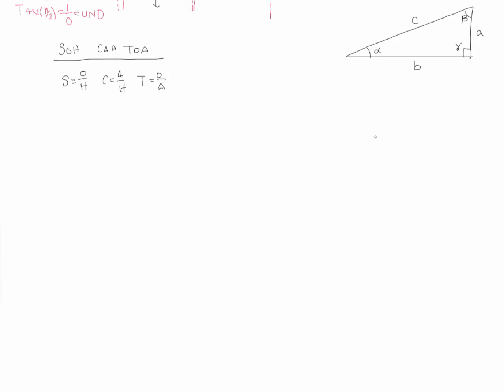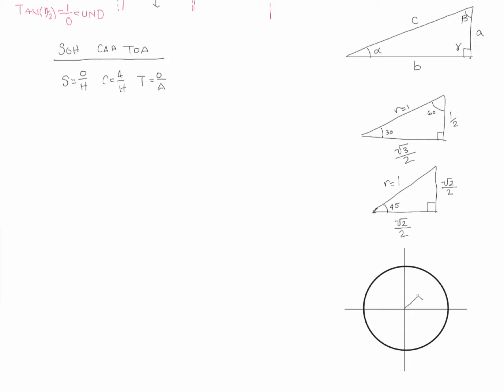Now, what we're going to do to make some of our solutions easy is build a table of the sines, the cosines, and the tangents. I'm going to go pretty quick, but I'm going to give you a little bit of information ahead of time, which is going to help us build the table.